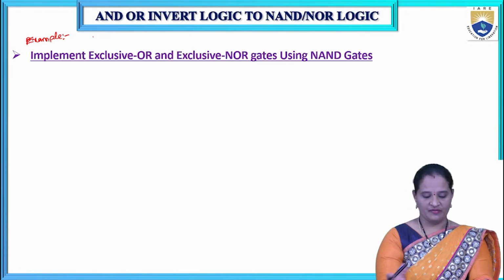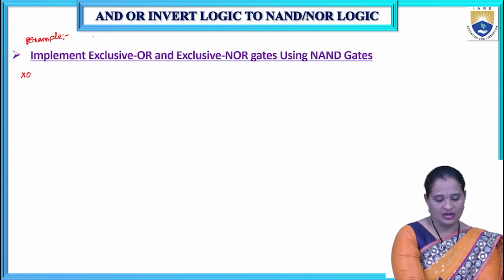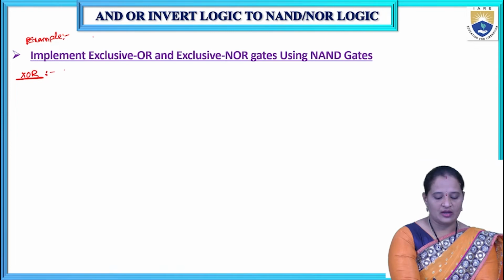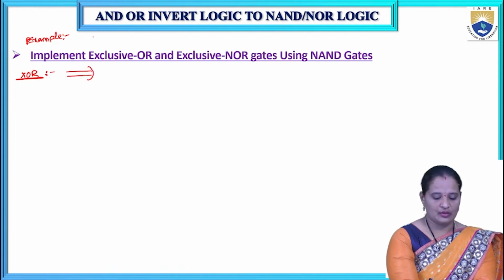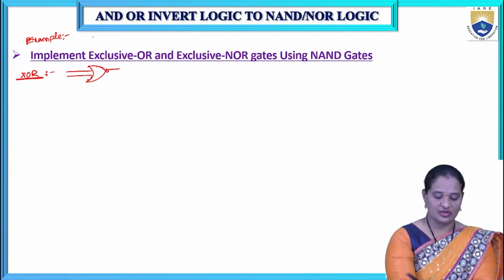First of all, what is an exclusive OR gate? XOR is also represented like this, exclusive OR, whose logic symbol is this one.